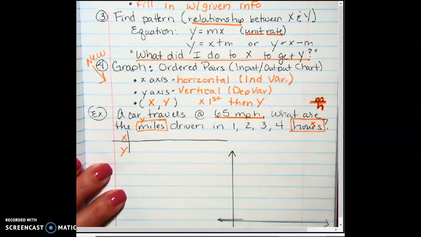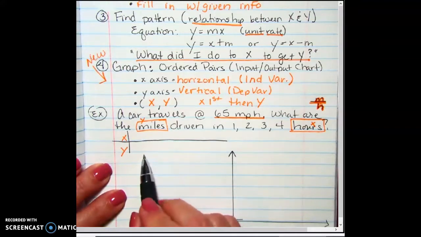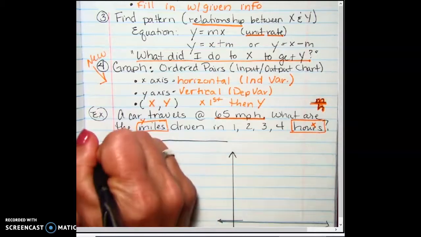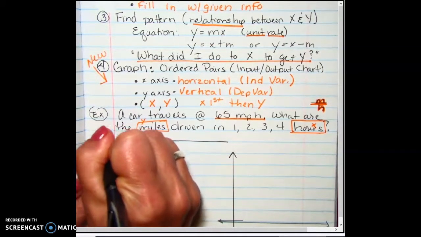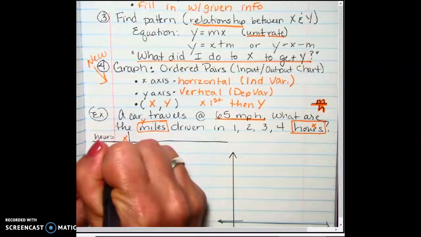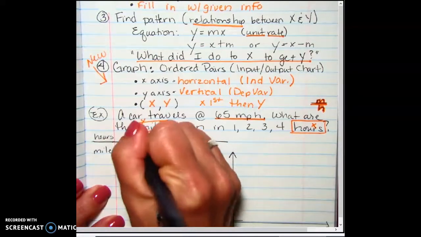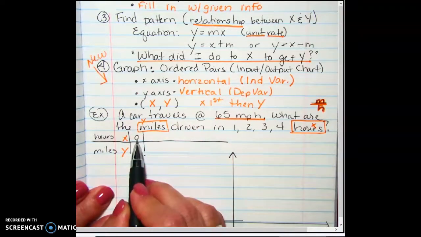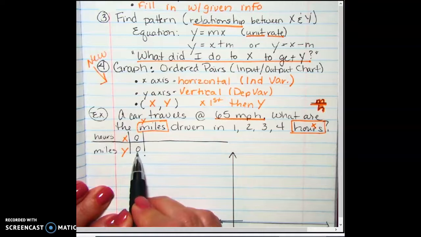So now that I have that information, I can start to fill out my input-output chart. So I always make sure I write down it is hours, and I'm also going to write down my miles. And I said yesterday, make sure you start with 0. You can't go anywhere if you have no time to drive those miles.